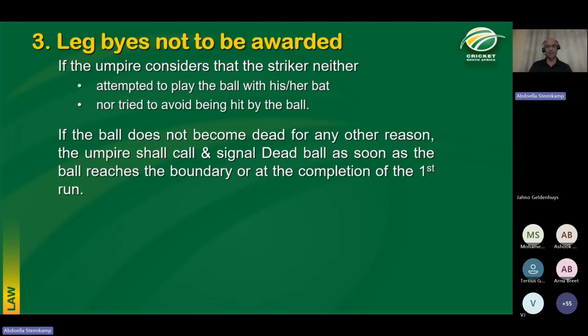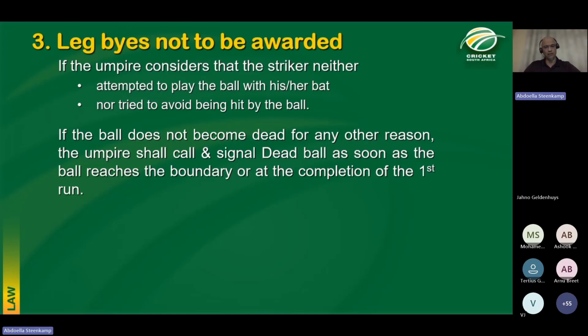And here's another example. We didn't cover it earlier under the dead ball, but here's another example of when you need to intervene by calling and signaling dead ball. In my example, I'm now going to give you the timing of when to intervene as an umpire when there was no attempt to play at the ball, it hits the pad, and they run.